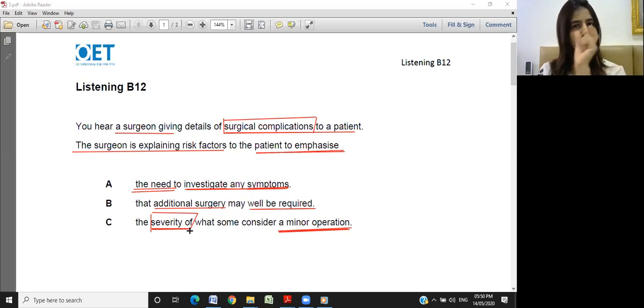That means severity of the operation, not severity of the symptoms they are having right now, or the severity of complications they are likely to experience in the future. So this really expects you to be 100% involved in what you are listening to. It's not just listening to one word and choosing the answer.